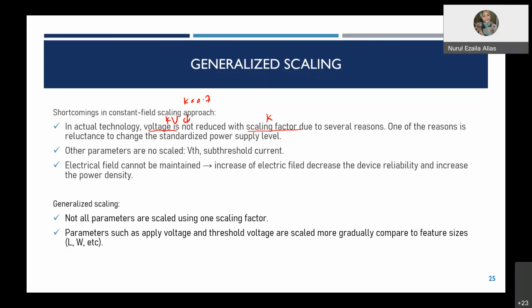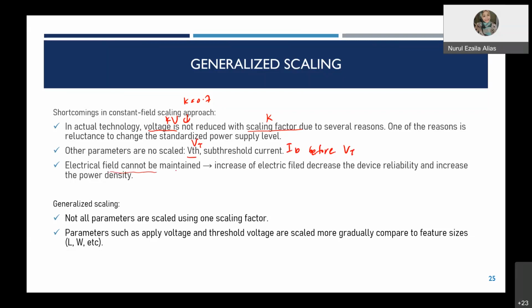Other than that, other parameters like threshold voltage are not being scaled. Like I've shown you, the VT equation just now is not being scaled, and also the subthreshold current, which means the ID before VT is also not being scaled. The electric field cannot be maintained.